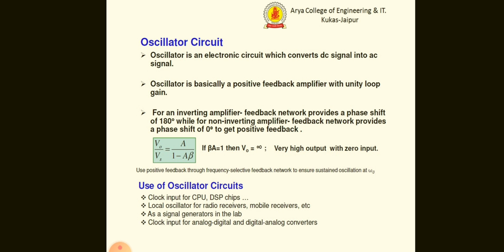The use of oscillator circuits is basically in clock input for CPU and DSP chips, local oscillator for radio receivers, mobile receivers, etc. It is also used as a signal generator in the lab. Also, it can be used as clock input for analog to digital and digital to analog converters.